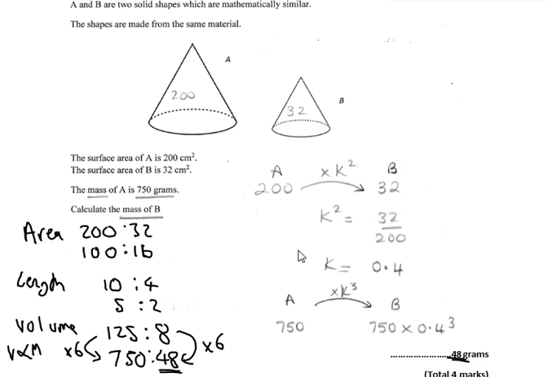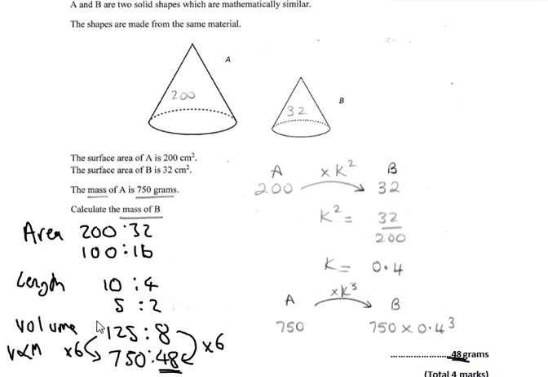Now I've just worked it out another way as well, which might seem a bit more straightforward. This makes more sense to me. Now the area ratio is 200 to 32, which is the same as 100 to 16. If we square root those, the length ratio is 10 to 4, which could simplify to 5 to 2.